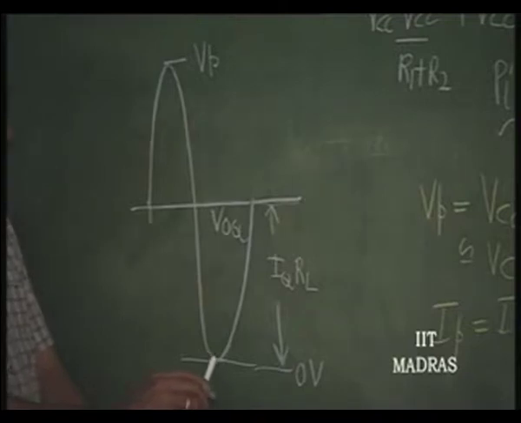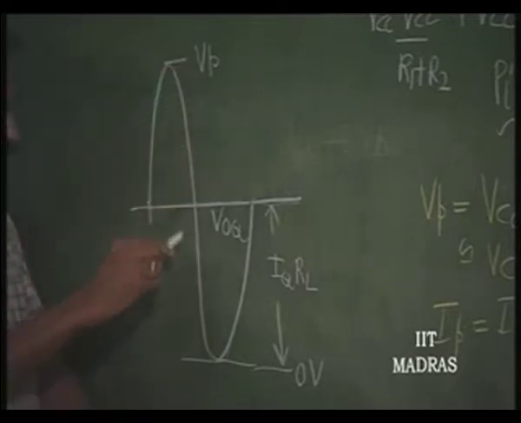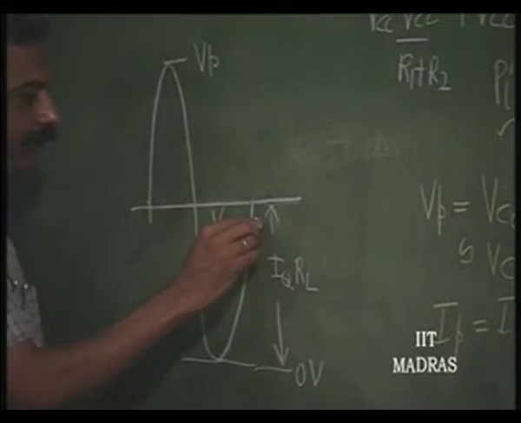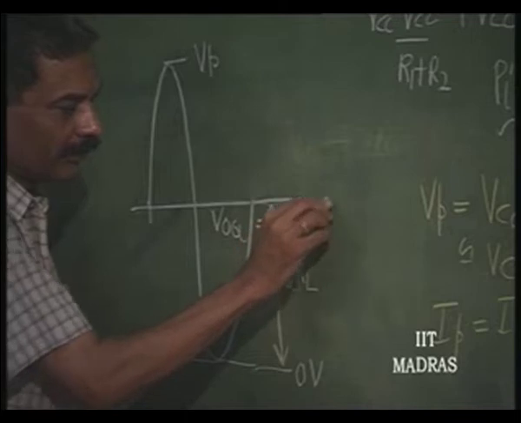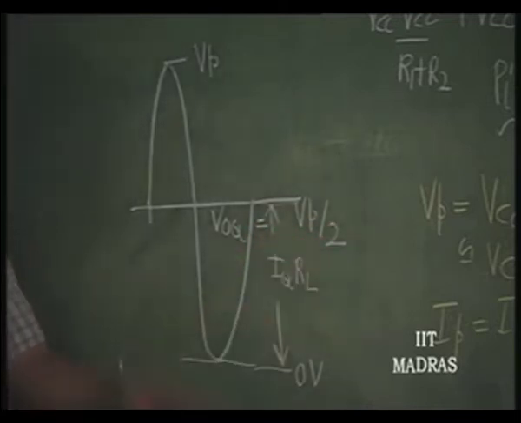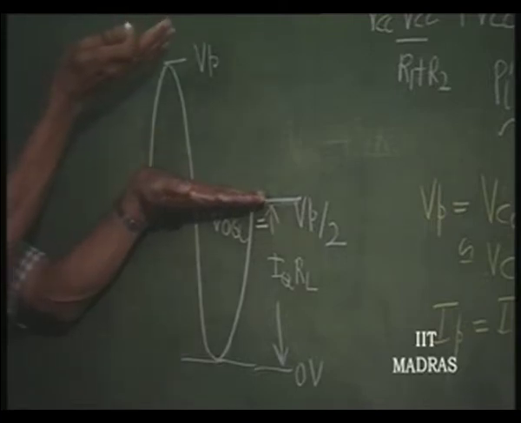Okay. So, it goes from 0 all the way up to Vp. So, if it is to be symmetric, obviously V naught q has to be equal to Vp divided by 2. This is Vp by 2 and that is Vp by 2.